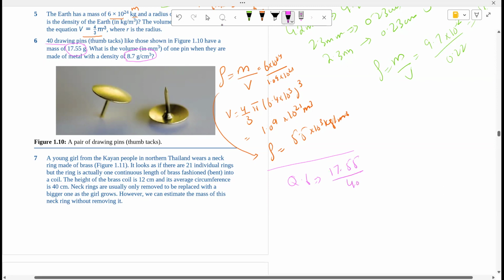So I'll divide it by 40. ठीक है? So 17.55 divided by 40 will give me the mass. पहले तो हम single pin का mass find out कर लेना, then we'll move to volume.